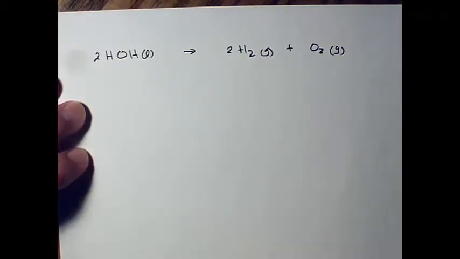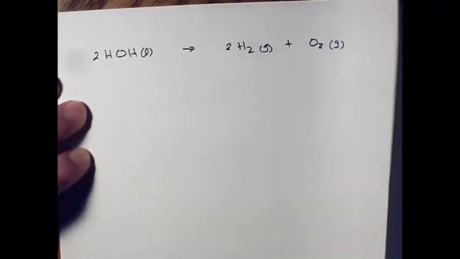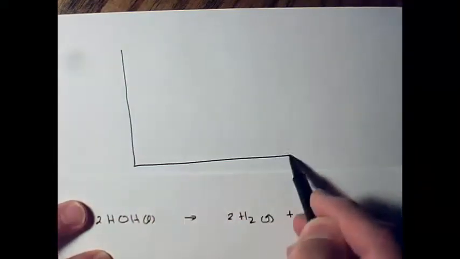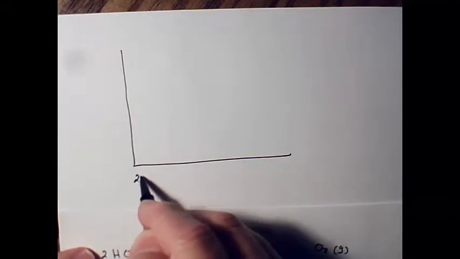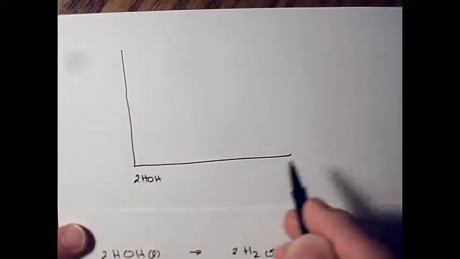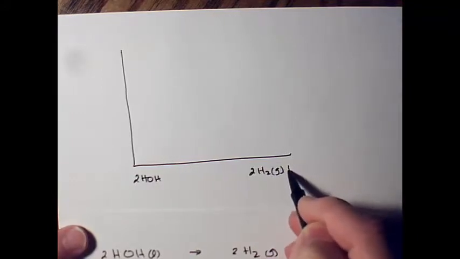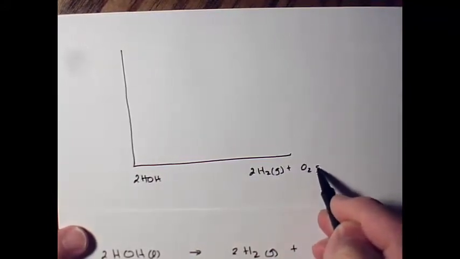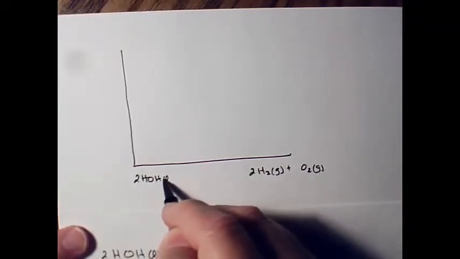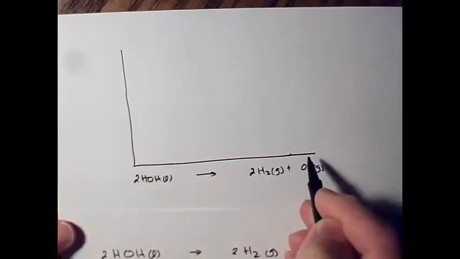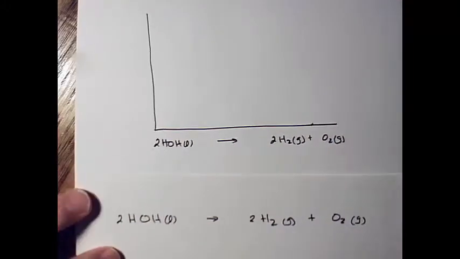If I were doing a reaction energy diagram for this, we're starting out with two water molecules, and we're ending up with two hydrogen molecules and one oxygen molecule. So this is the reaction progress to the right.